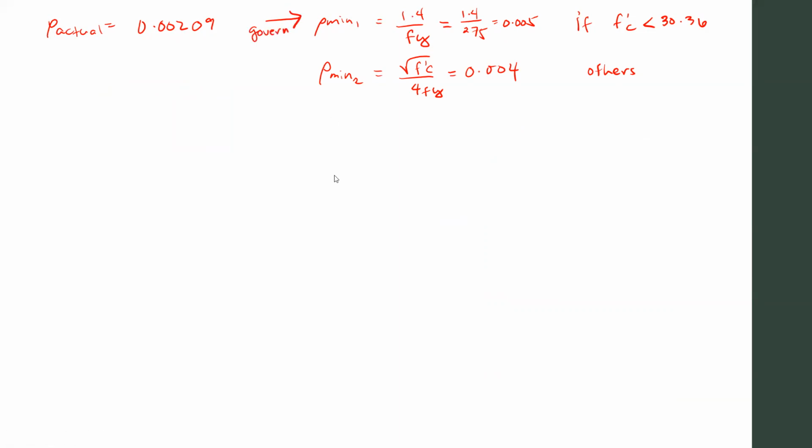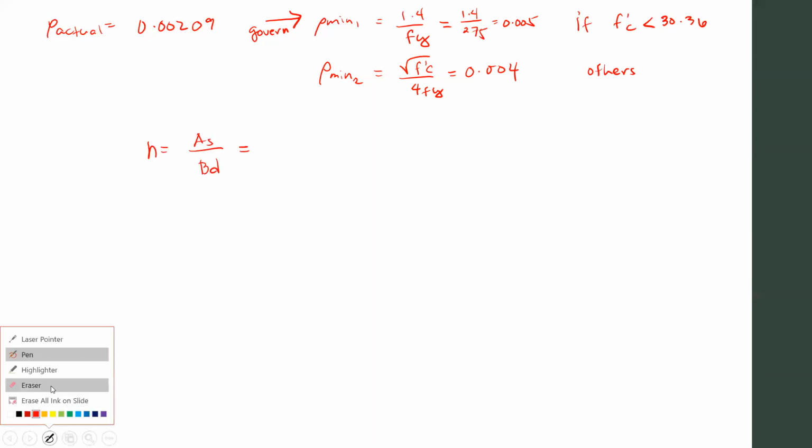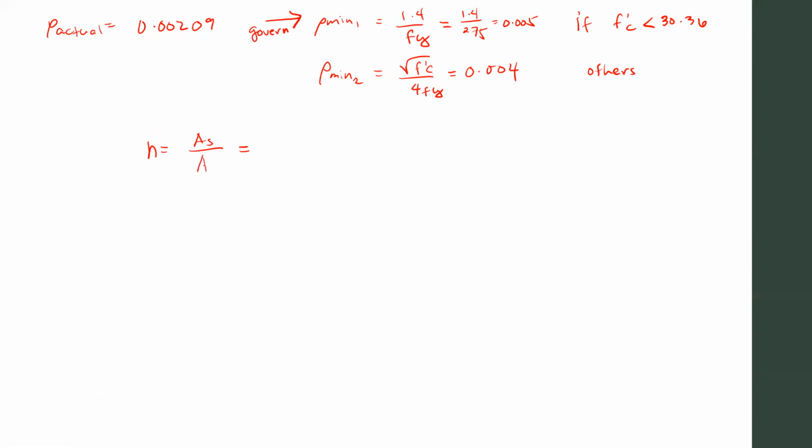Okay? So therefore, kung iyan yung governing, dyan tayo magko-compute ng number of bars. So your N is equals to AS over AB. Then your AS is rho BD, divided by AB.